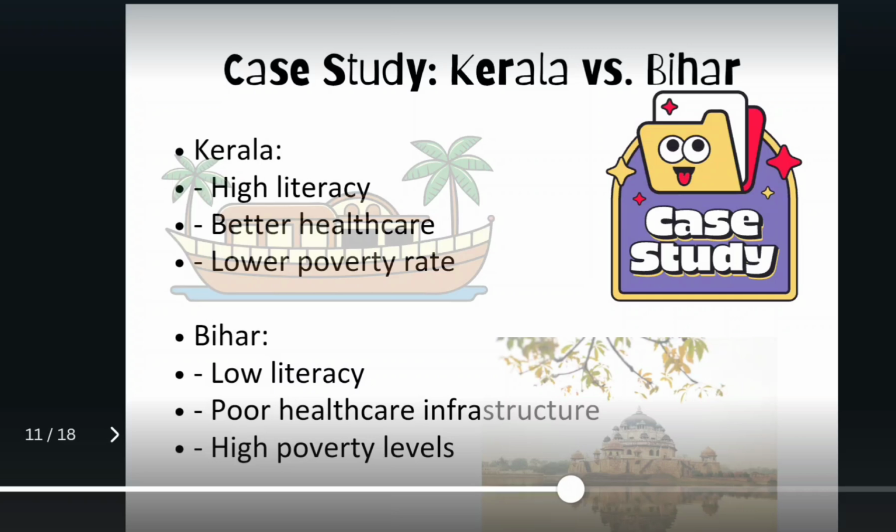And in Bihar, low literacy, poor healthcare infrastructure and high poverty levels. So low literacy is leading to unemployment, right? And then good healthcare facilities are also not easily available, and then it is leading to high poverty levels.